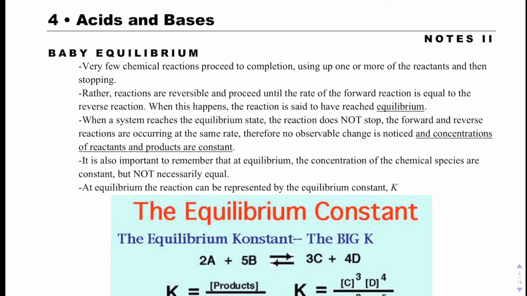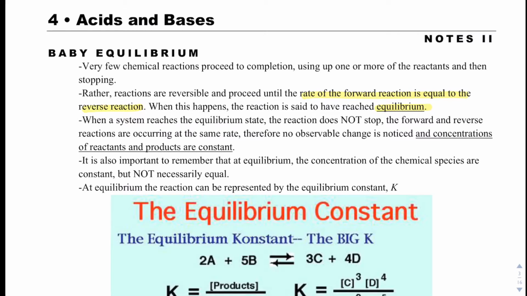So equilibrium is a state where the rate of the forward reaction is equal to the rate of the reverse reaction. When this happens, the reaction is said to have reached equilibrium, and so what's sort of difficult to think about is reactions never actually stop.